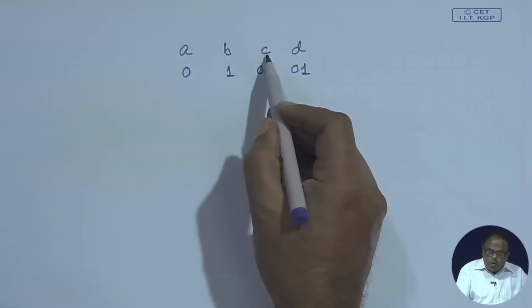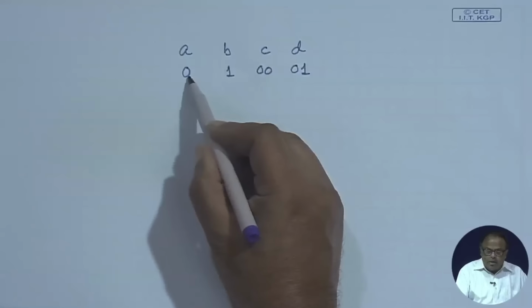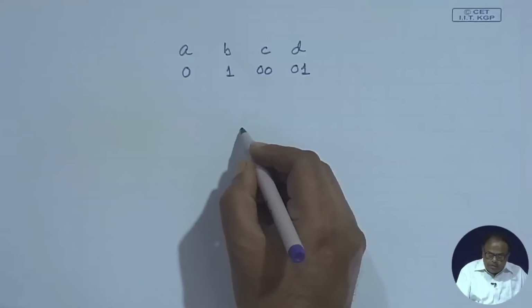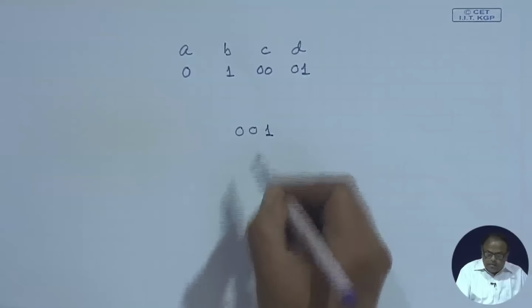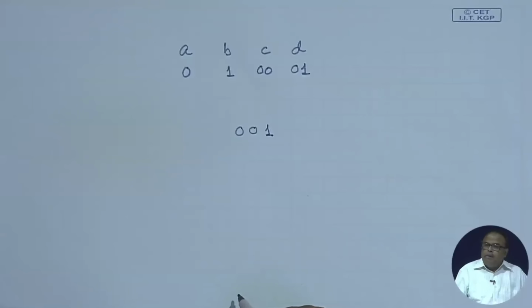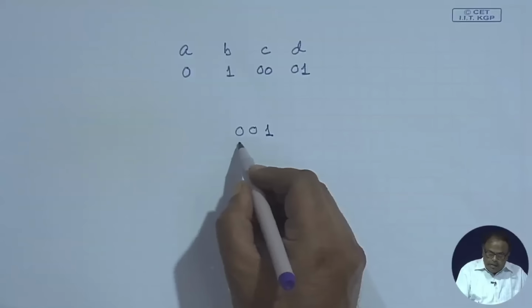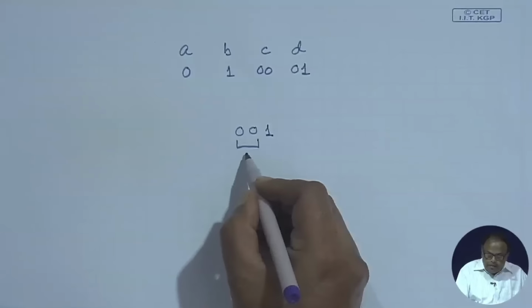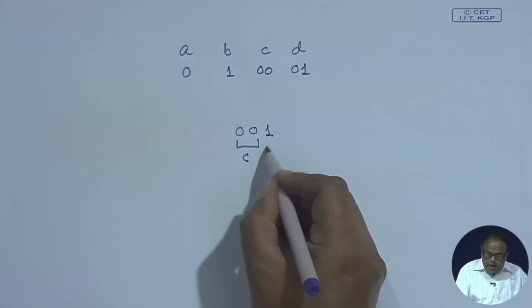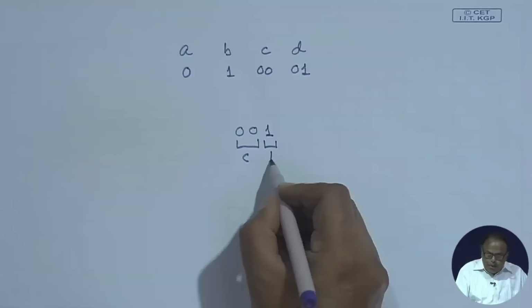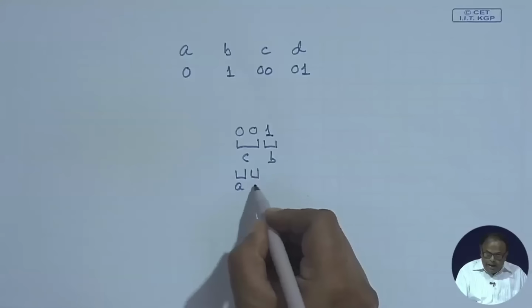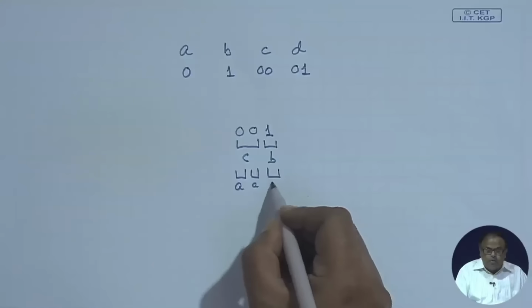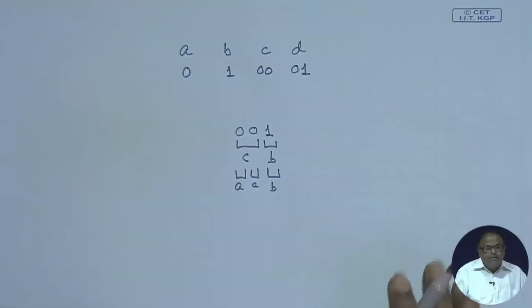Now, you see the code for C has got the code for A as the prefix. So, if I get some 0, 0, 1, I have got an ambiguity problem here. It can be C, B, it could be A, B, and so on and so forth, A, D, many things would have come.